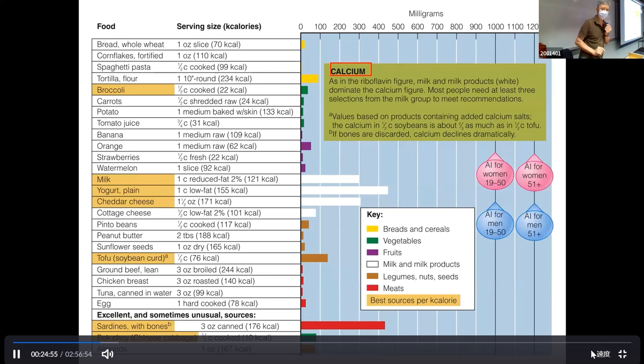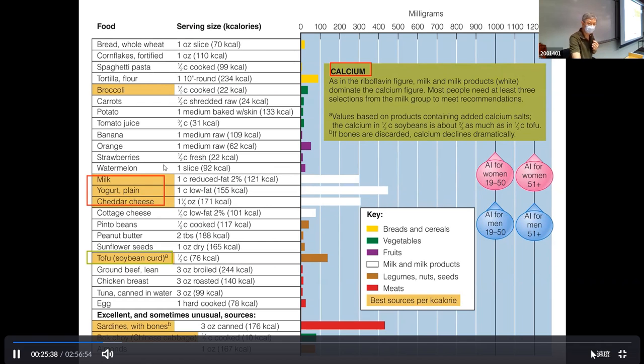So for calcium, this is the food diagram. I won't go into detail about which foods; I'm sure you are quite familiar with it. If we look at the RDA, depending on which country's recommendation you adopt, it is somewhere between 1,000 milligrams and 1.2 grams.